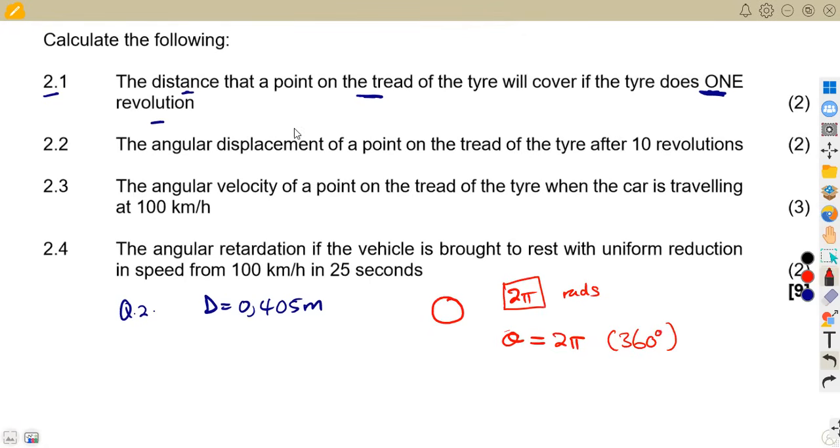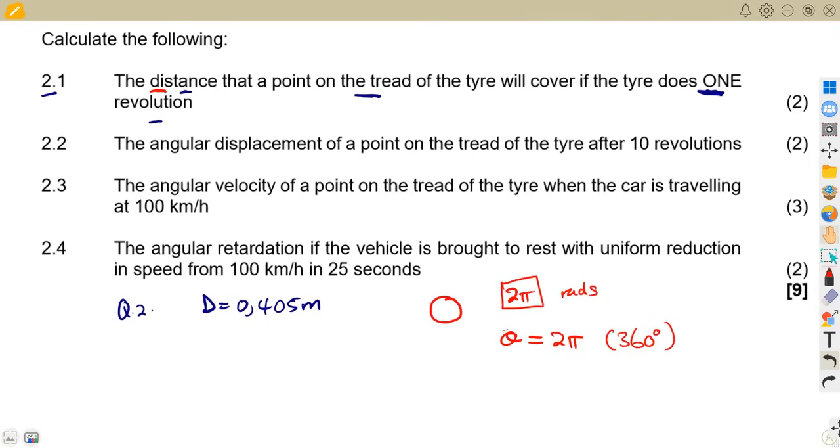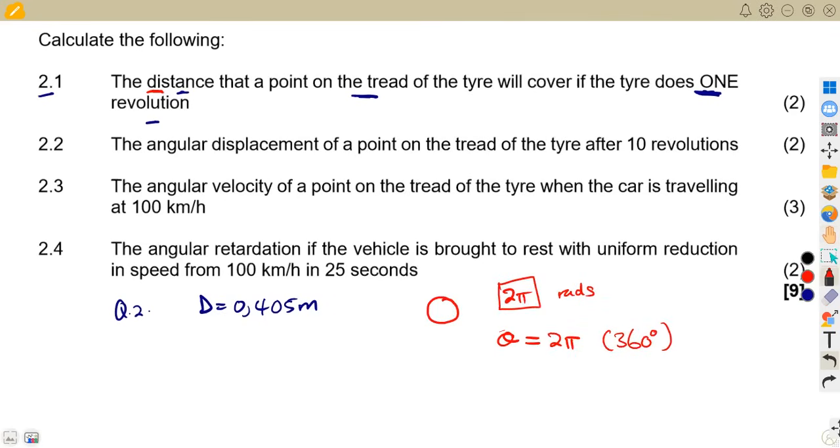So the person here is asking us the distance. What this person is simply asking is, do we know the conversion between the angular and the linear, the last part that we talked about, because this distance is linear. Once they say distance, that is linear, but this theta is angular. So you are converting from angular to linear, because we have got the diameter in this case.